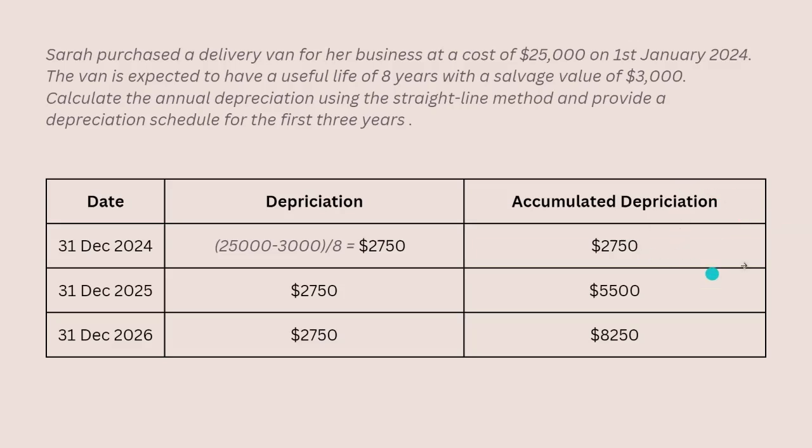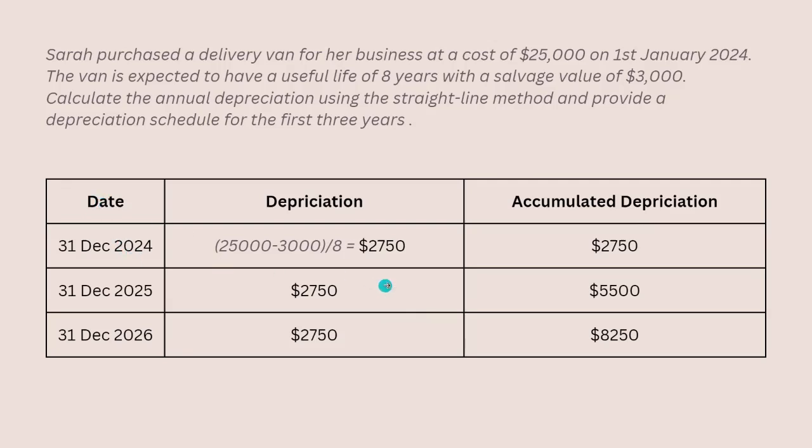If you look at this side, you would see accumulated depreciation. We're just adding the depreciation of all these years. It's just the sum of the years we have been calculating depreciation. This is the straight line method, which means the amount would be the same every year.